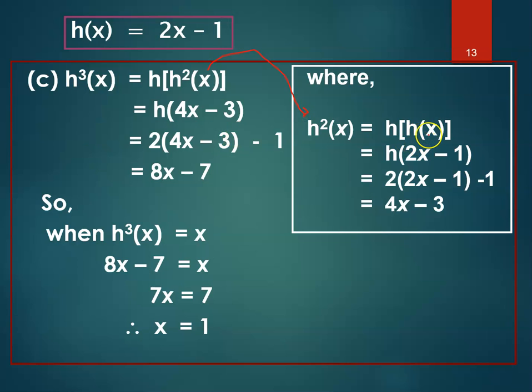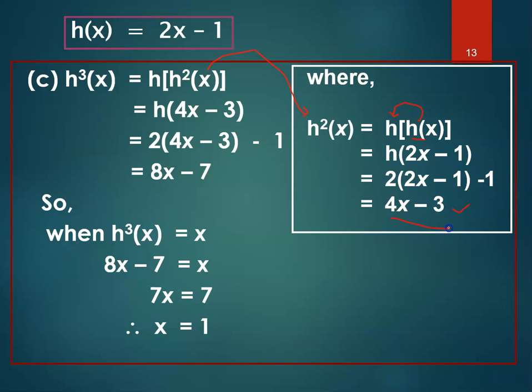So hx, this is quite similar with f square x and gx, right? So you have hx, you're going to substitute into h. So you have your hx is 2x minus 1 from here. You're going to substitute again into this. So 2 times this x equal to 2x minus 1 again. Minus 1 again, then you get this.